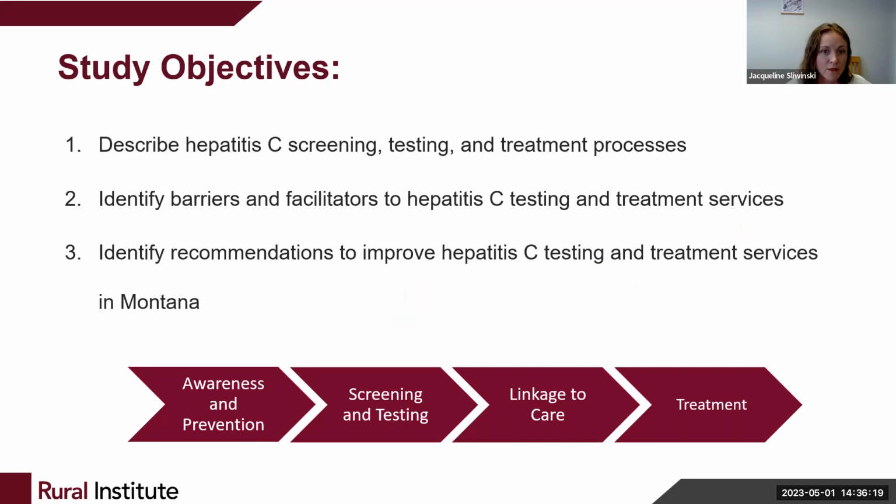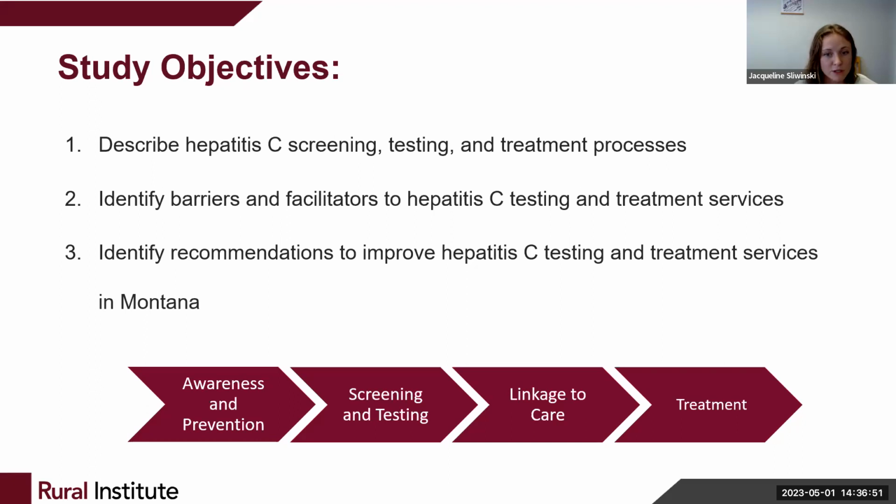Okay, so the purpose of the needs assessment was to support hepatitis C surveillance, prevention, and elimination in Montana through a better understanding of patient-provider perspectives on hepatitis C testing and treatment processes being used. And so we had 3 goals in mind. We first wanted to understand hepatitis C screening, testing, and treatment processes being used across the state of Montana.